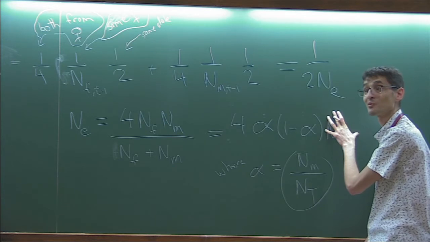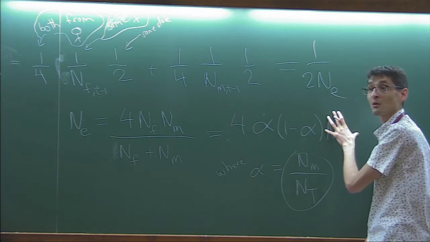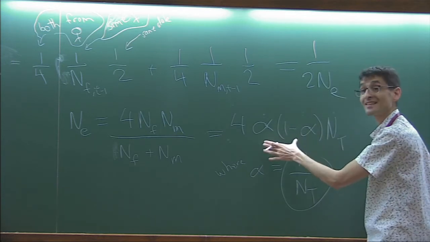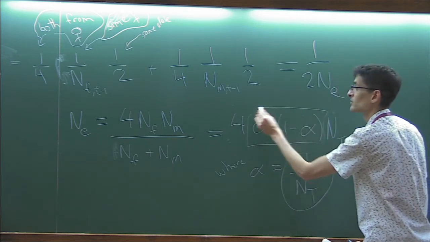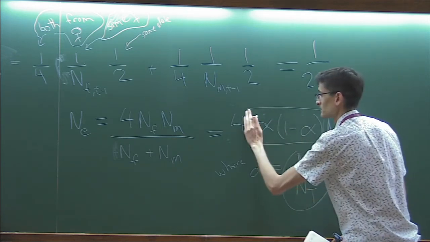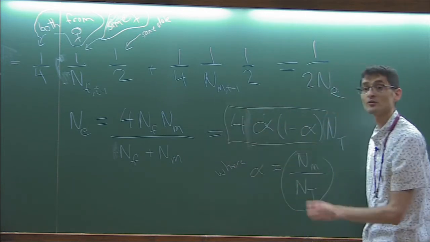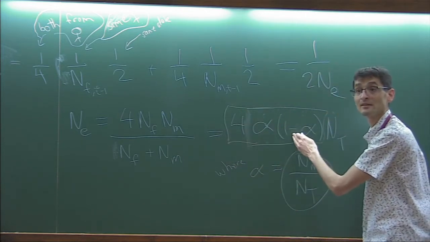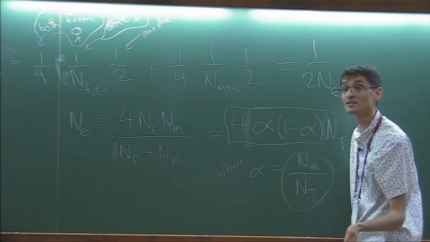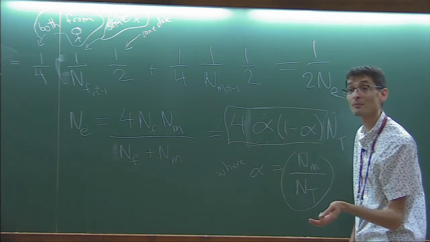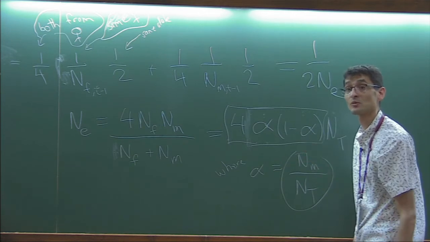This seems sensible. But if the sex ratio is anything other than a half, then this value will be less than 1. So any biased sex ratio, male biased or female biased, is going to make the effective population size less than the actual population size.